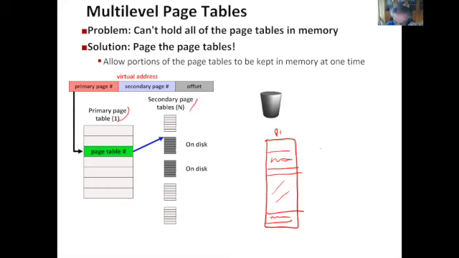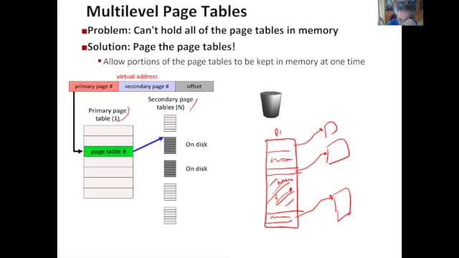But for the ones that I have here, I will have a corresponding second level page table. For this one, I will have another second level page table, and for this one, another. But for the ones that are not being used, if it's null here, then I do not have to store the second level page tables. That will lead to a lot of shrinkage in the memory usage of the page table. So that's the nice thing.